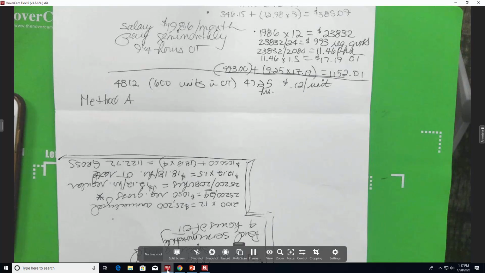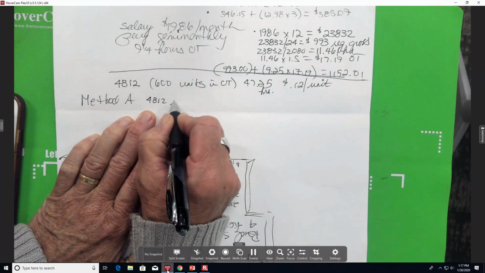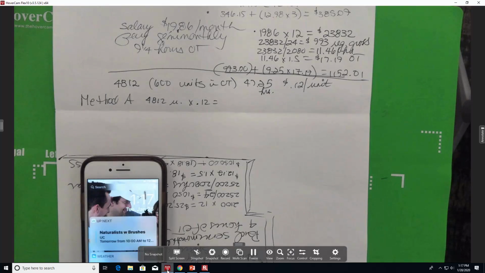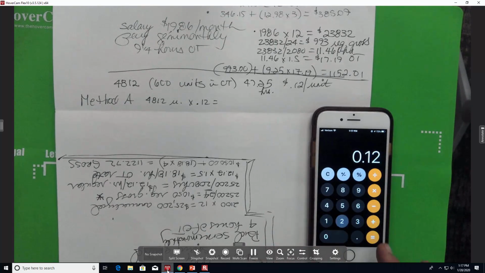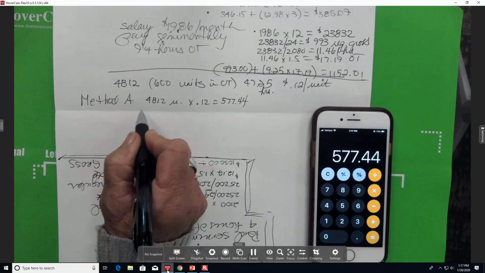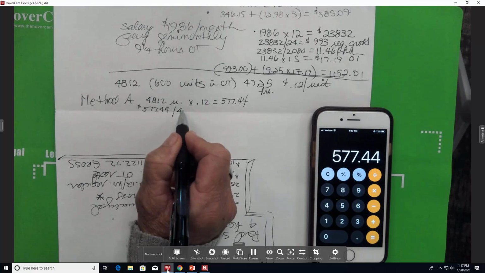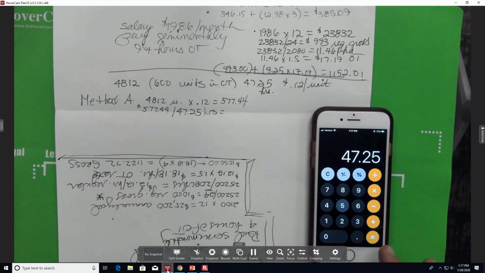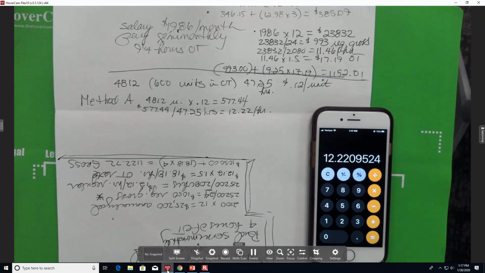That's method B. Now, there's nothing different with the 600 in method A. How are you going to label that $12.22 an hour?